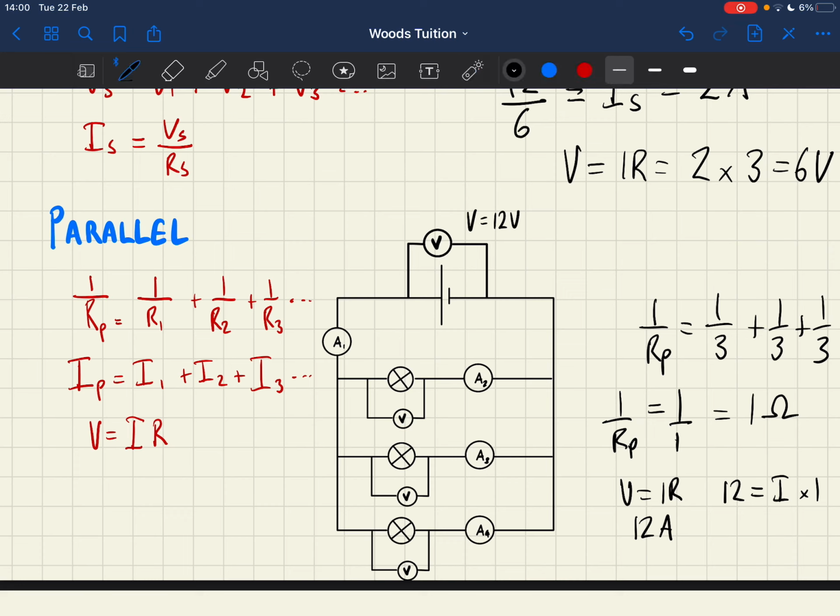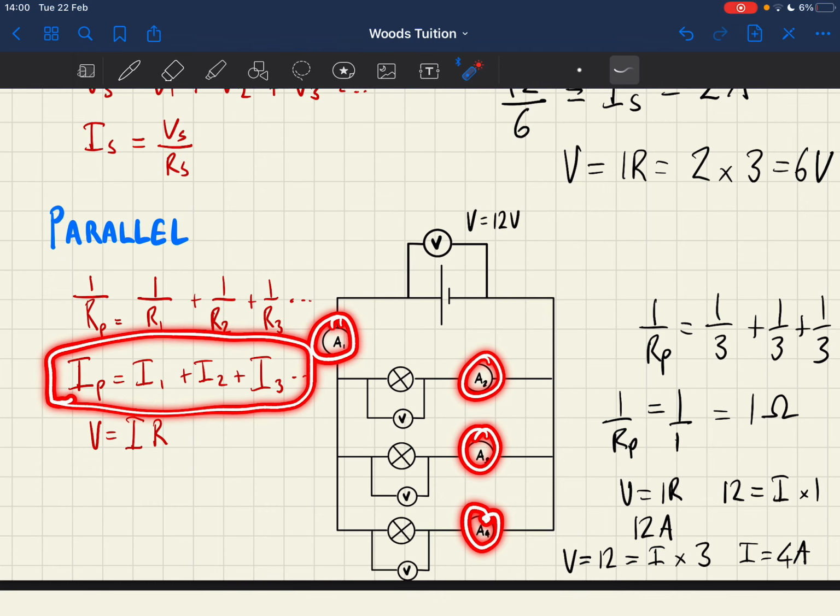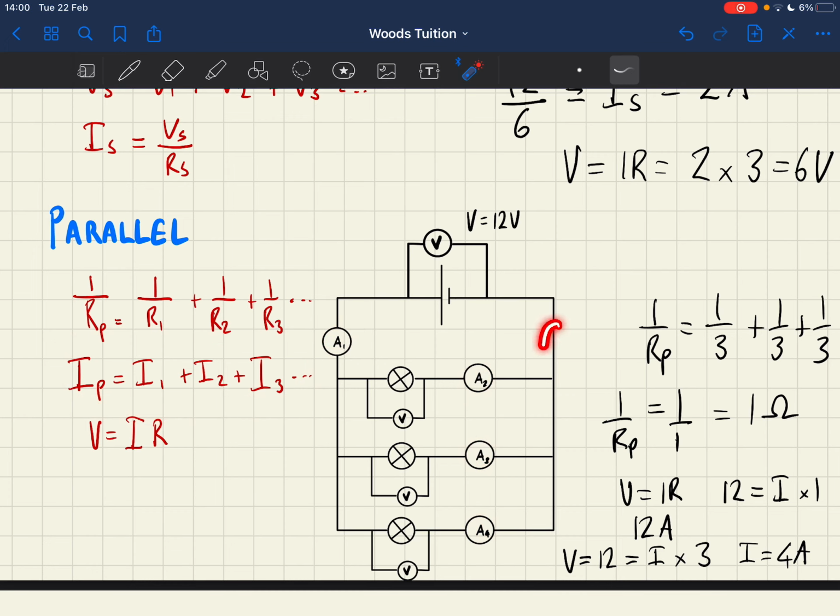Using V equals IR again, for a 3 ohm bulb, 12 volts equals our current times 3, so our current is going to be 4 amps. If we've got 4 amps coming through here, here, and here, then our total is going to be 12 amps, which is what we had going through our initial ammeter. Coming out the other end, if we had another ammeter here, we would also have 12 amps.